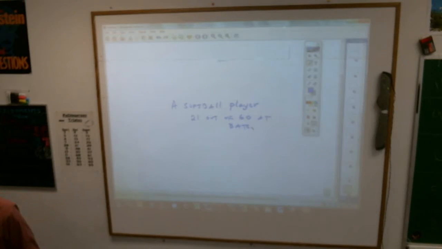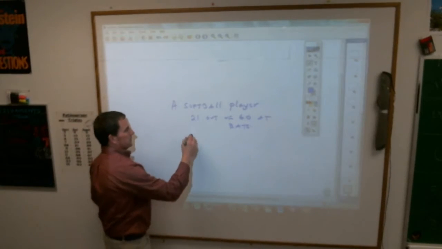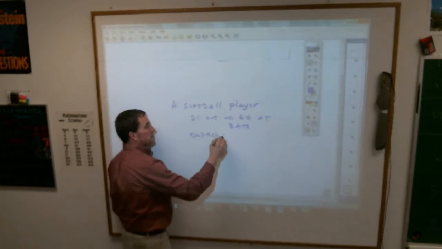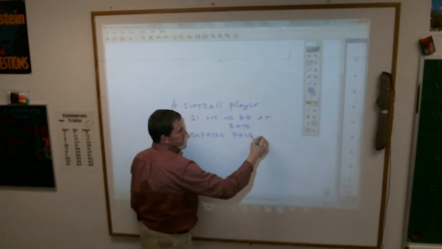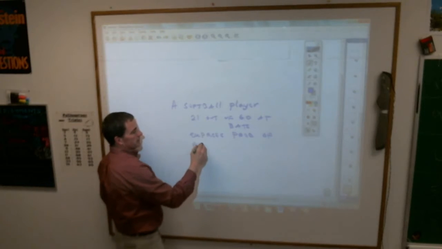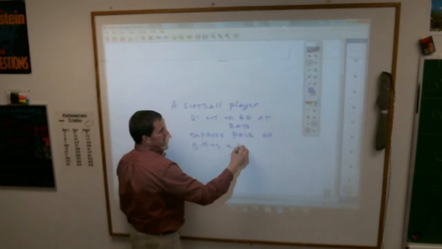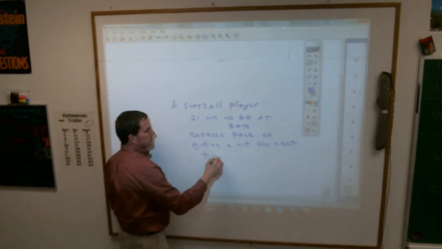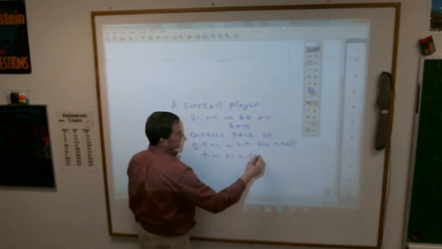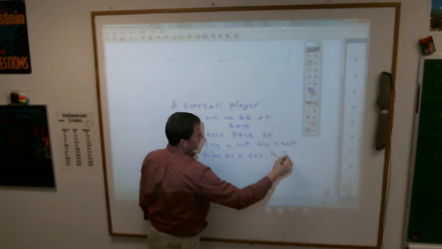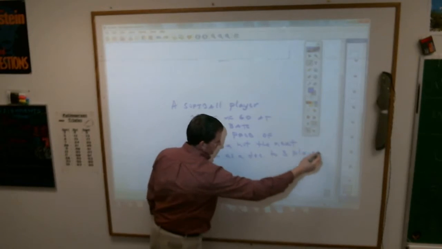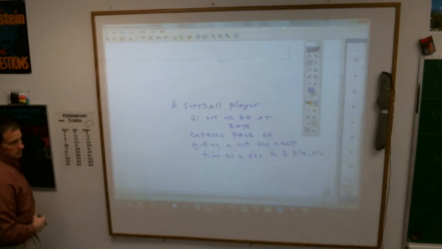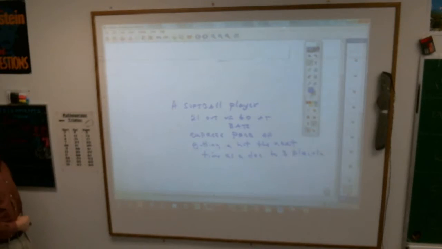Express the probability of getting a hit the next time as a decimal to 3 places, which is what they're asking you for. They're basically asking you to find the batting average of that person.